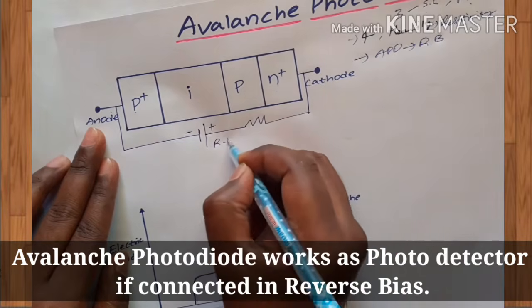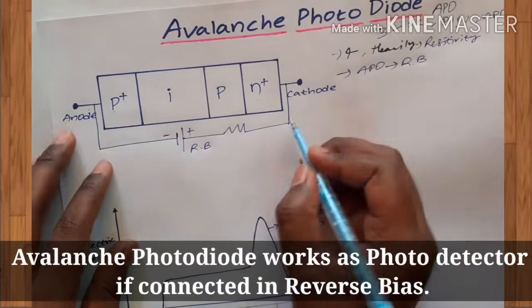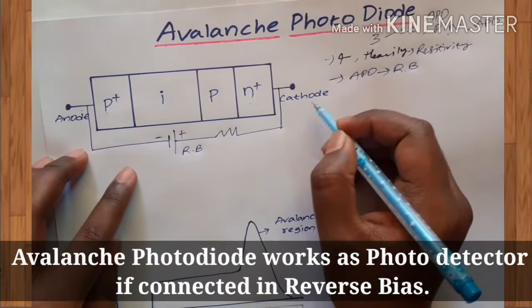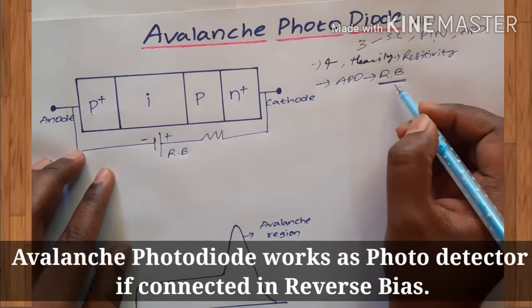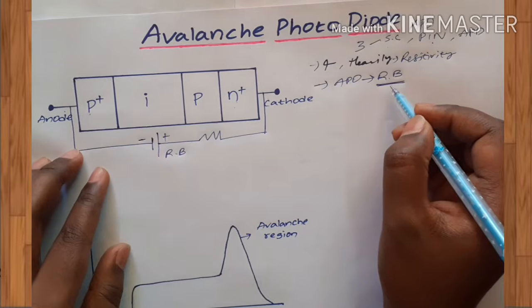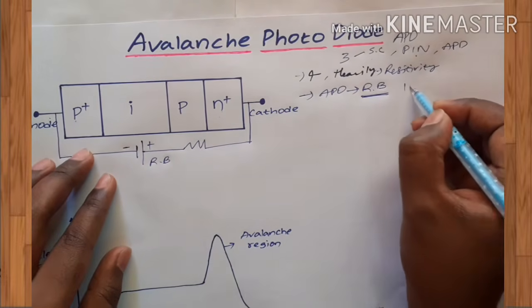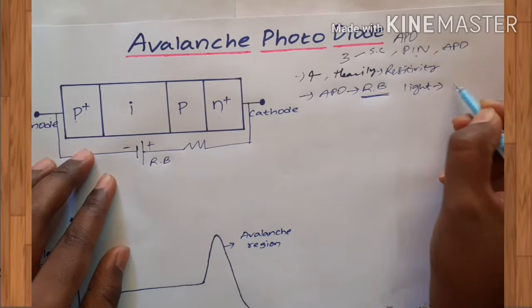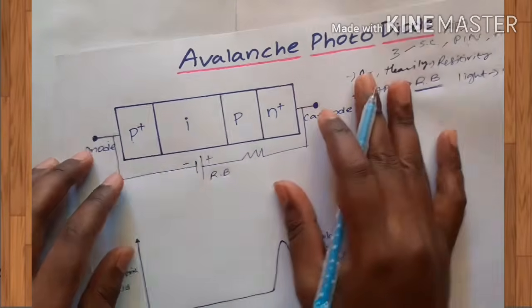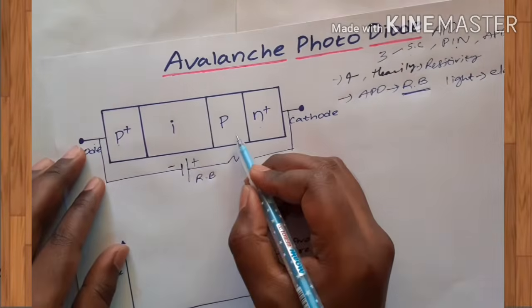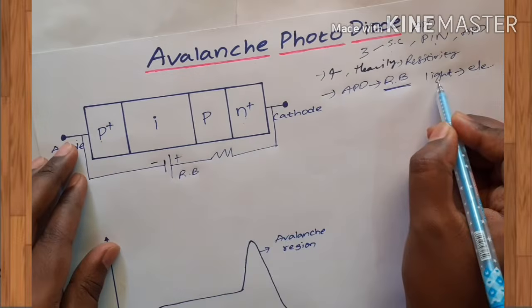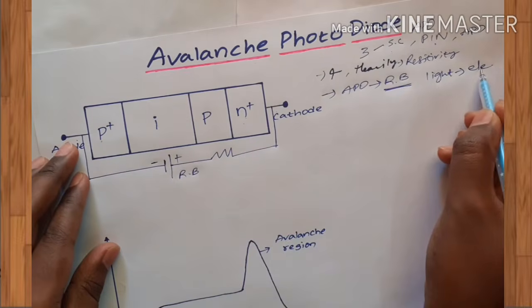Its main function is to convert light energy into electrical energy, so whenever light falls on it, the APD converts the light energy into electrical energy.